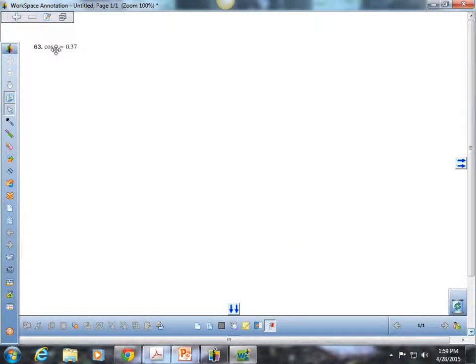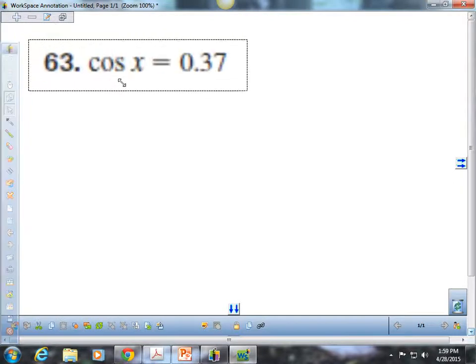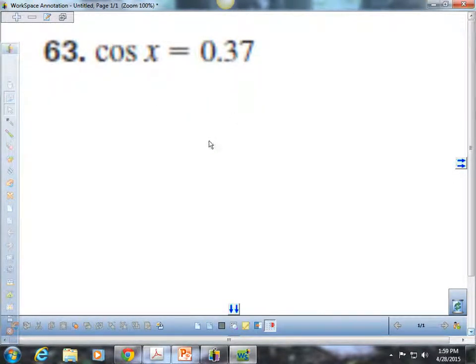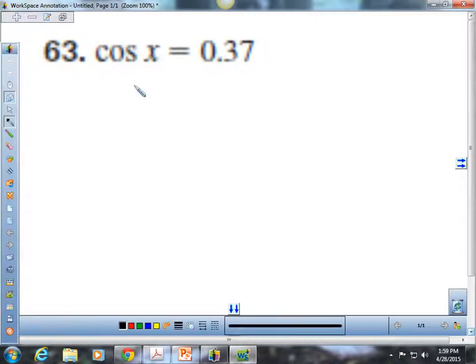No, it's not a 1/2, a radical 3 over 2, a radical 2 over 2, a 0, or a 1. So to find our angle x, we're going to have to take inverse cosine of 0.37.